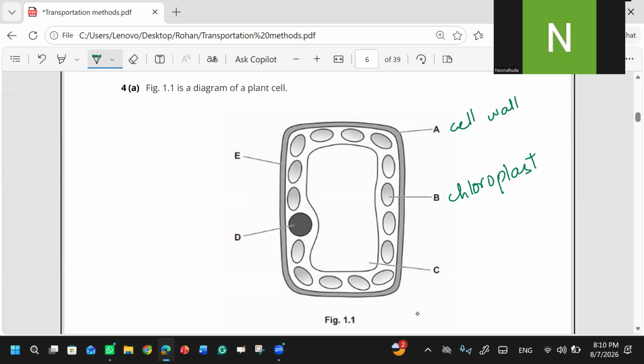Then C is a large vacuole. In the plant cell, there is a large vacuole. What's D? D is the nucleus. What is E? E is the cell membrane. Good.